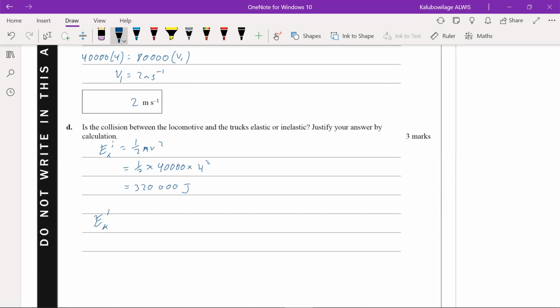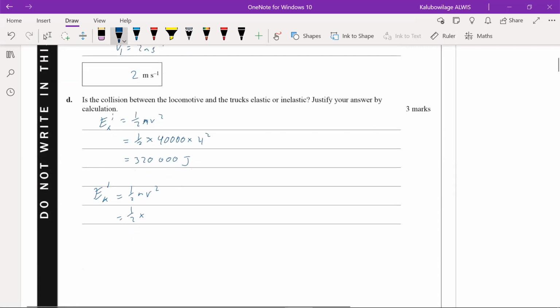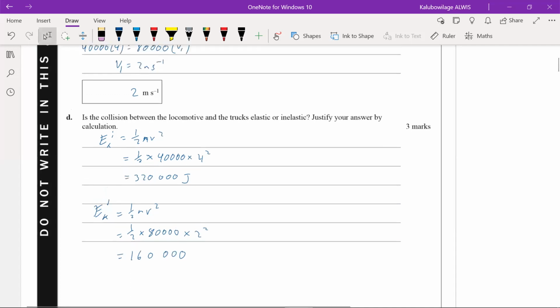After the collision, the mass is 80,000, and we got the velocity in the previous question. So in this case, it's not elastic, because EK initial does not equal EK final.